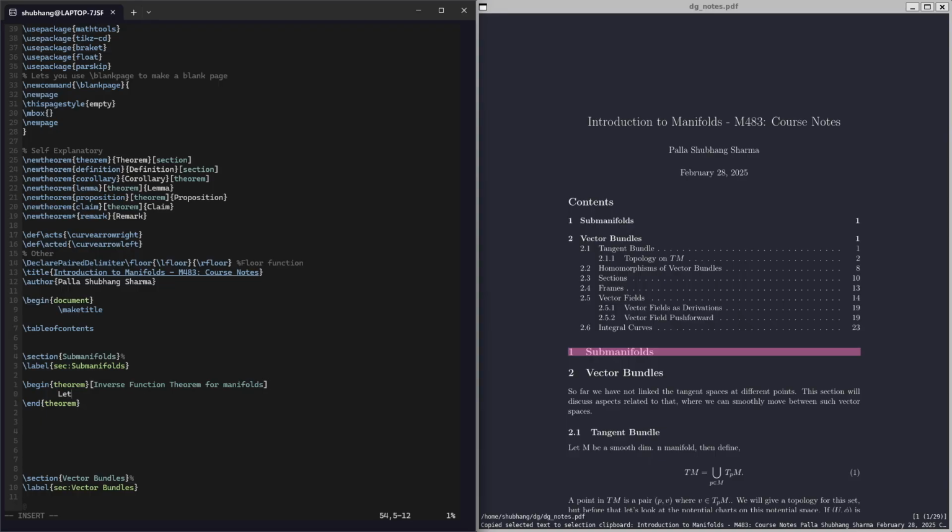Theorem, inverse function theorem for manifolds. Let f from M to N be a smooth map.